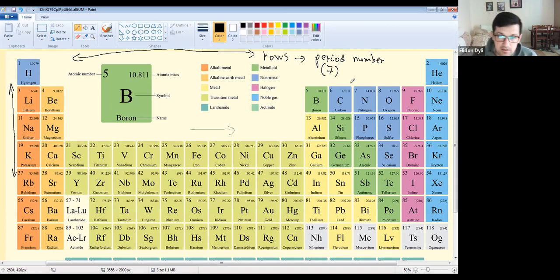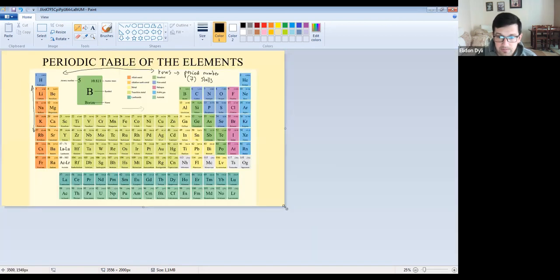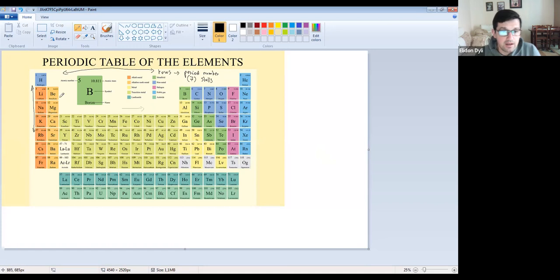It means that these elements have different shells in them. So what are the shells? The shells are the number of orbitals where the electrons move around the nucleus, and they change between the different elements by their number of shells.